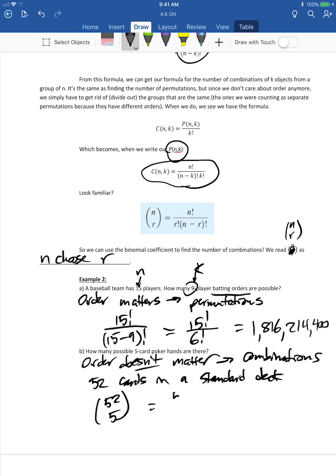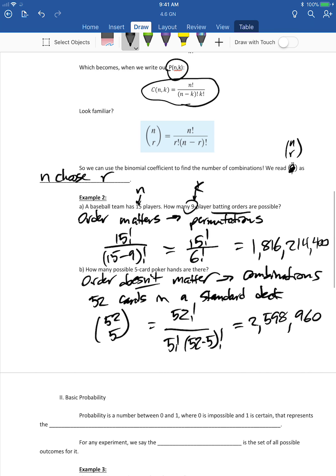Plug into my formula. 52 factorial over 5 factorial times 52 minus 5 factorial. Plug that into a calculator, 2,598,960 possible poker hands. That's a lot, but also maybe not quite as many as you might think.